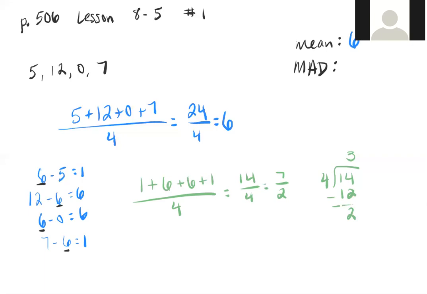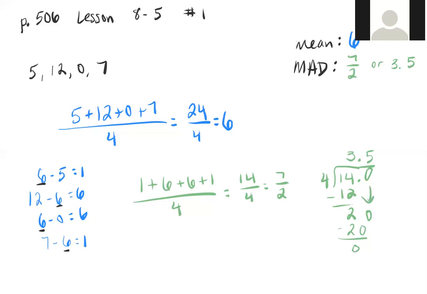Now since there's a remainder, we're adding a decimal, put a 0 and bring that on down. 4 goes into 20 5 times, and 5 times 4 is 20, so I have nothing left over. So my mean absolute deviation would either be 7/2 or 3.5.